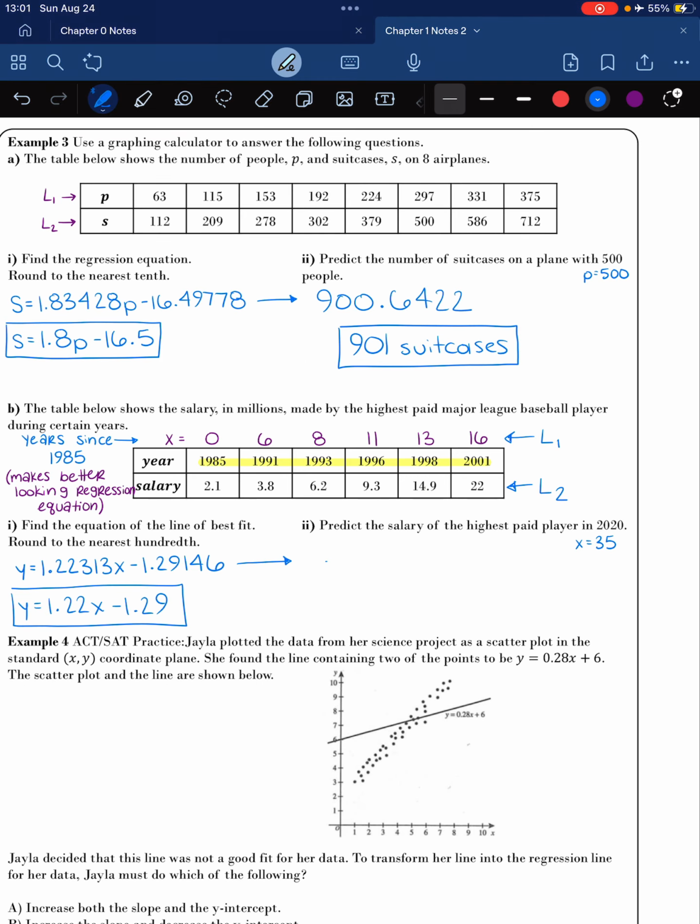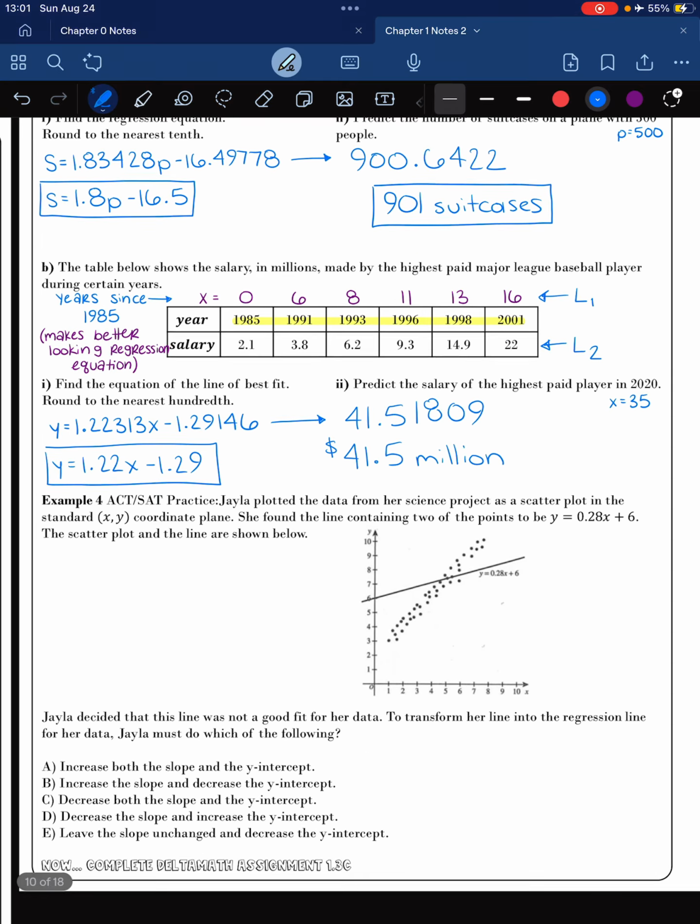So I'm going to plug in 35 into that top equation, and I get 41.5 million dollars, right? And I just went back and read the problem to figure that out. The table below shows the salary in millions made by the highest paid Major League Baseball players.